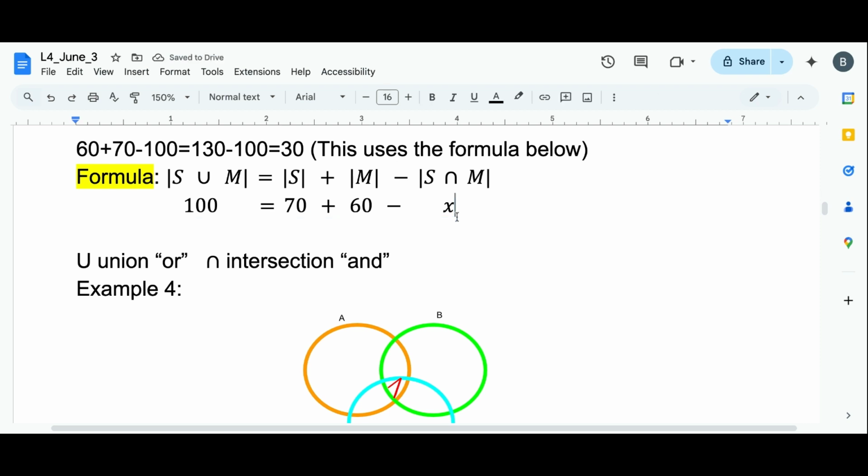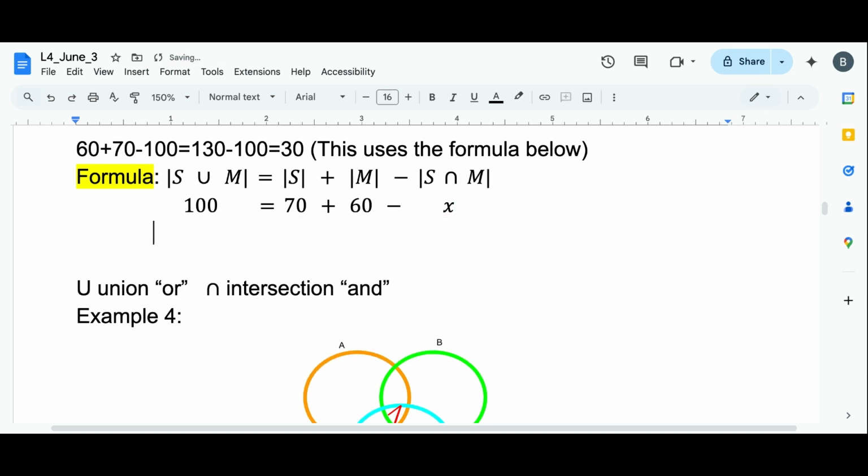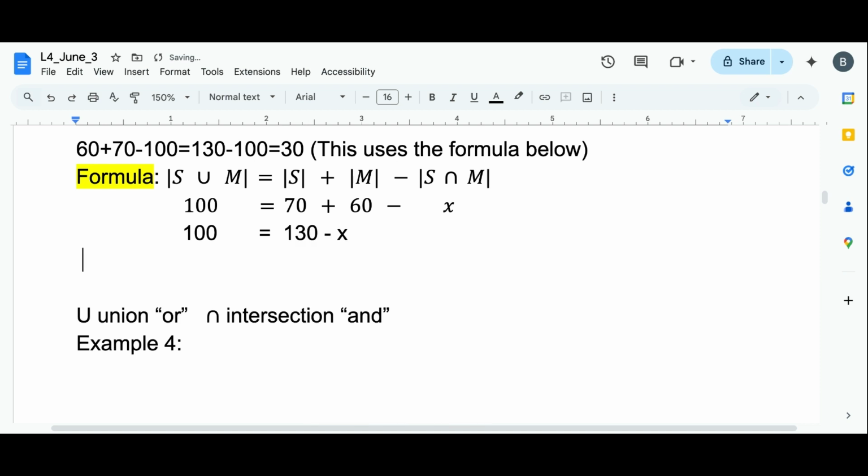And so that gives us that 100 is equal to 130 minus X. And so X has to be 30. So 30 students take both. So in shortcut notation, it's 60 plus 70 minus 100.